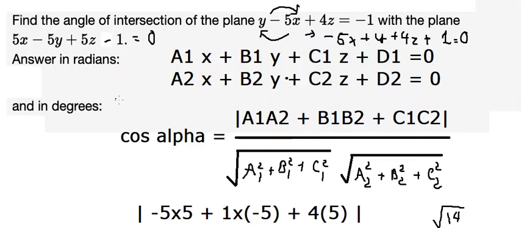The question wants the result in radians and degrees. So for radians, you will get about 1.39165718.